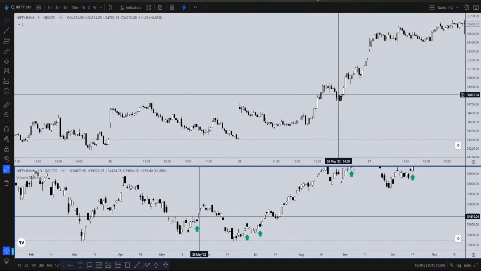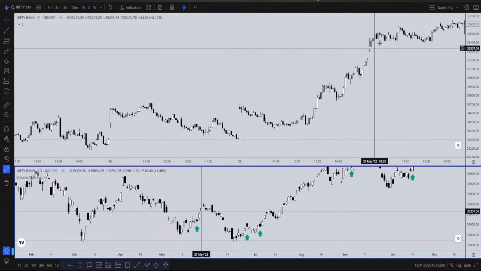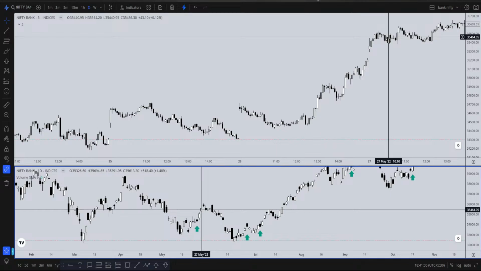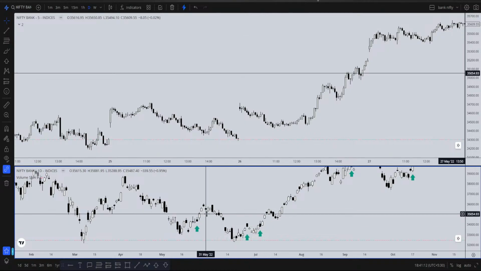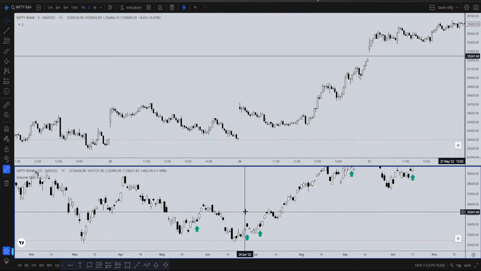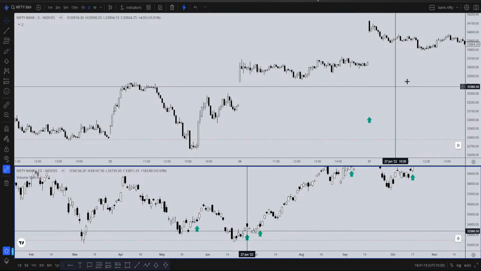So basically here is where all the profit is. So out of all these, let's see what happens when the price actually closes.